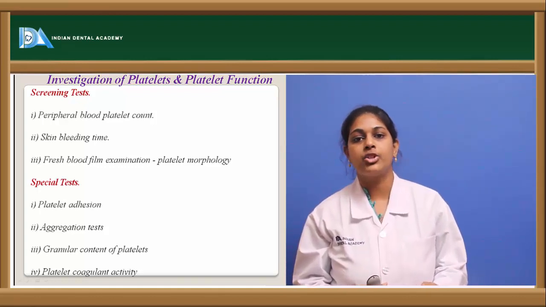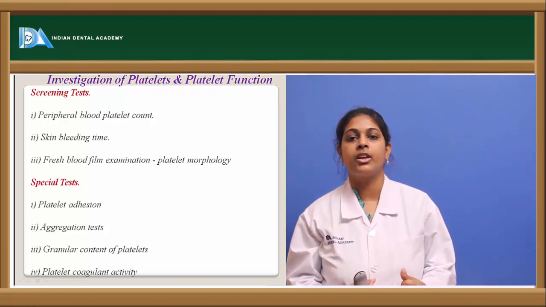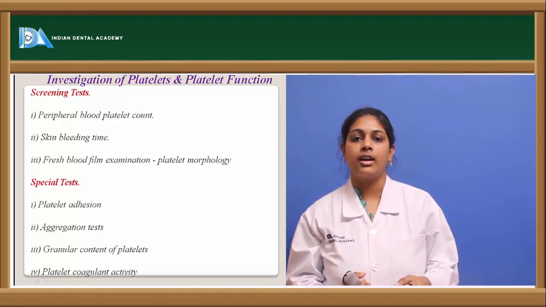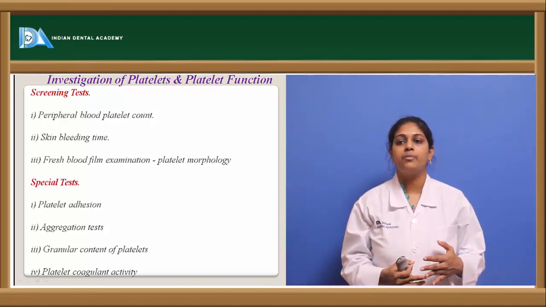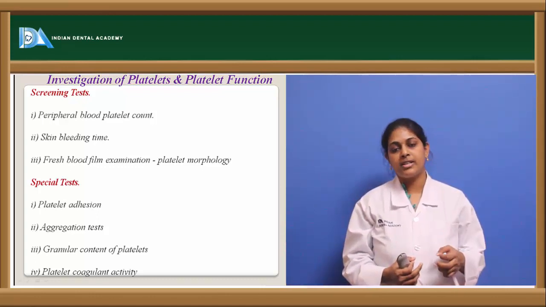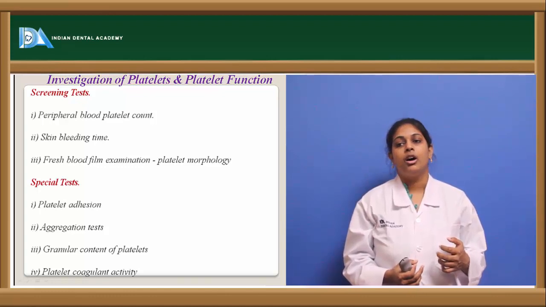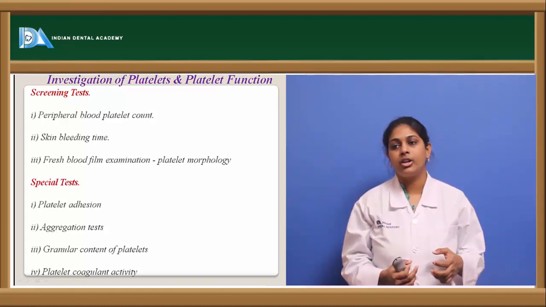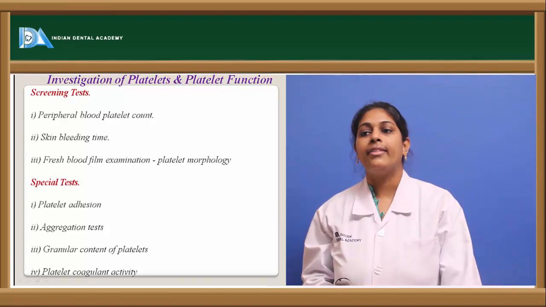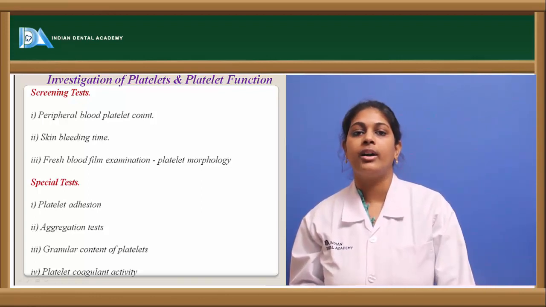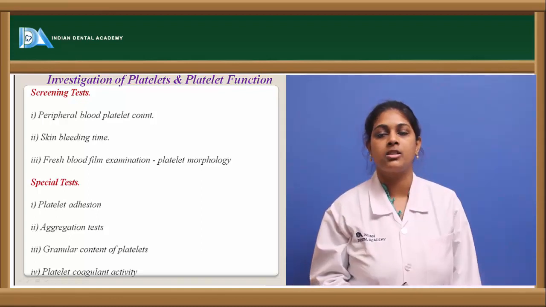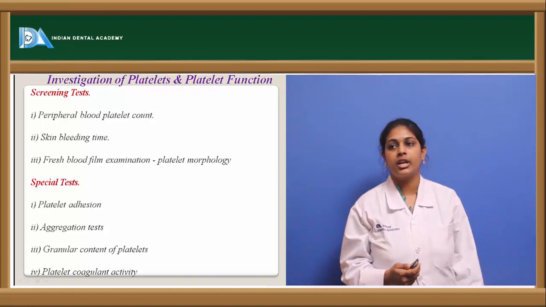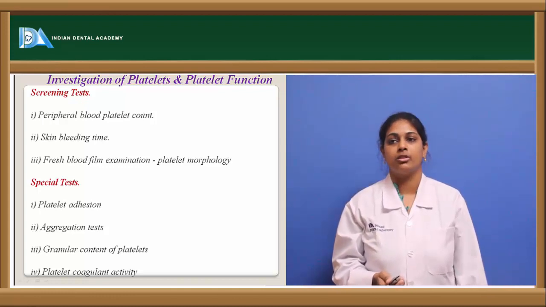The platelet adhesion stage observes the presence of receptors on the surface of the platelet, and the aggregation stage observes the presence of fibrin with the help of collagen, and the granular content of the platelets, where the granules are demonstrated, and platelet coagulant activity for the presence of clotting factors is done. So these are certain investigations for the platelets and platelet function.